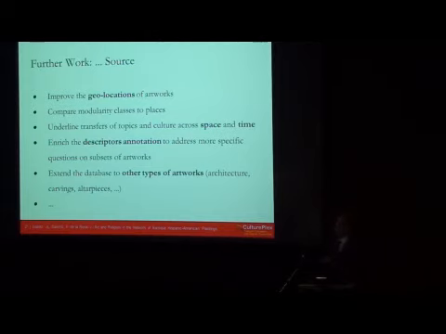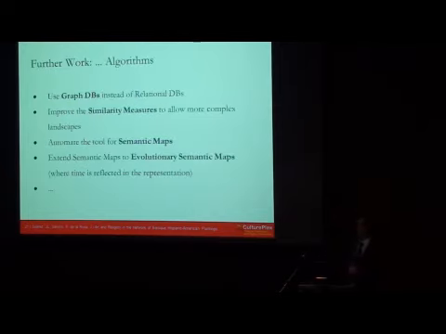We'll compare modularity classes to places, differentiated by royalties and communities, and underline transfers of topics and cultures across space and time. We'll enrich descriptor annotation, so that our historians can go deeper and deeper into the data set and compare more detailed aspects of it, and mix all this information with the other databases we are creating, on music, people, etc. And then in terms of algorithms, use graph databases instead of relational databases.